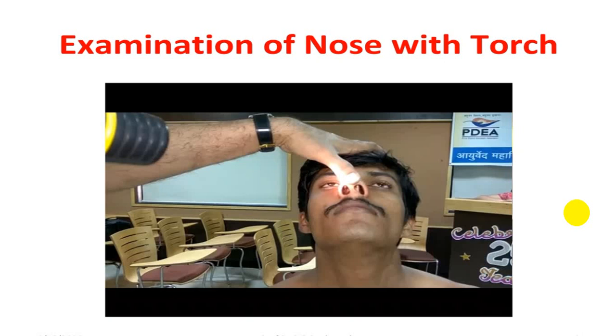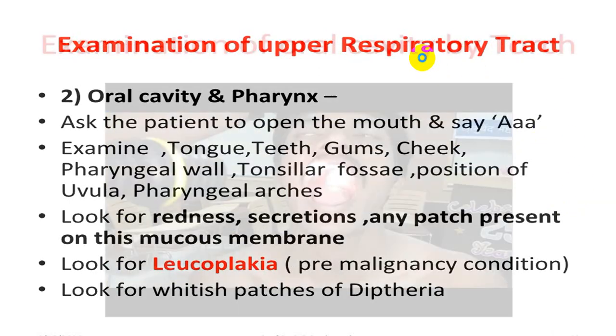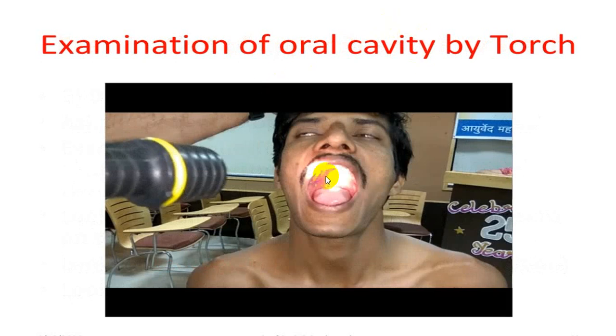Try to look for those. And when you examine the oral cavity, look for post-nasal discharge or any discharge over the tonsillar area. So try to look for that. Oral cavity examination is very, very important while you are examining the respiratory system. So look at the oral cavity by throwing a good bright light.